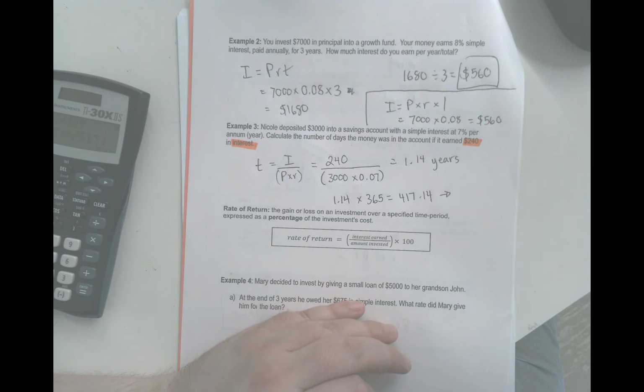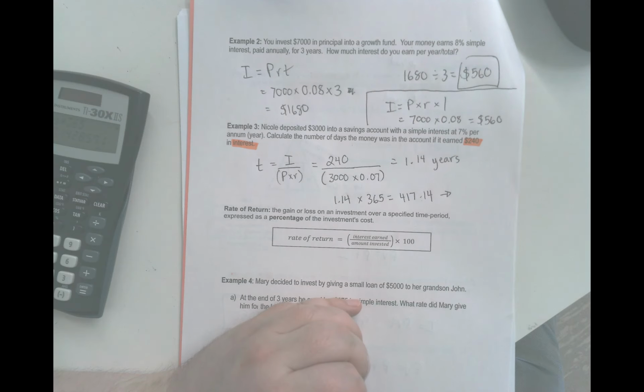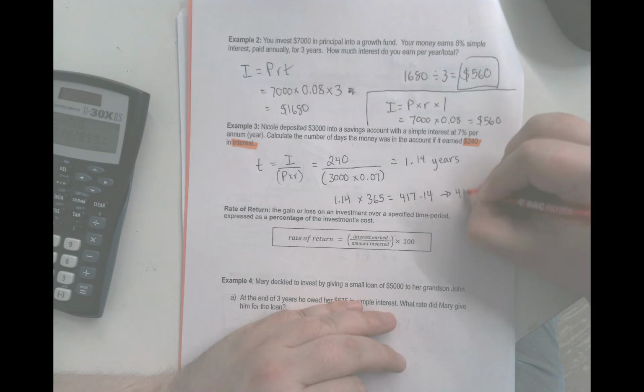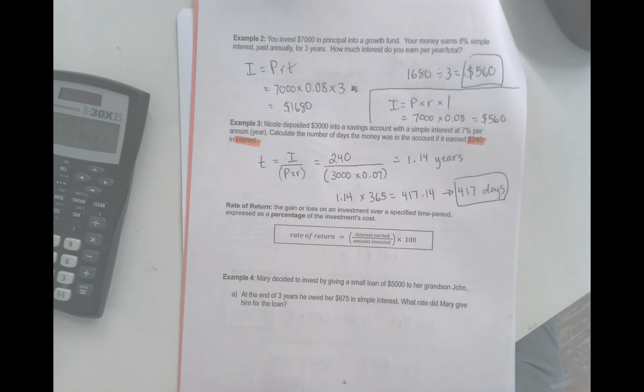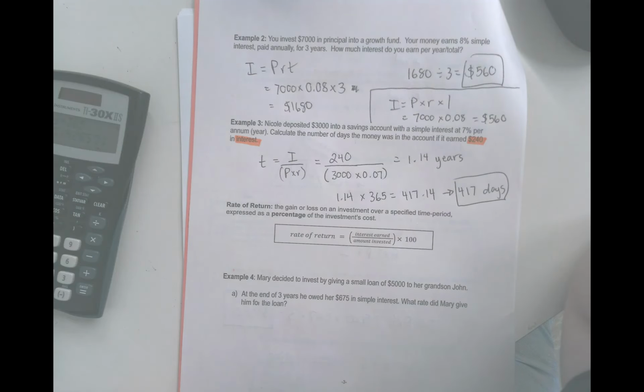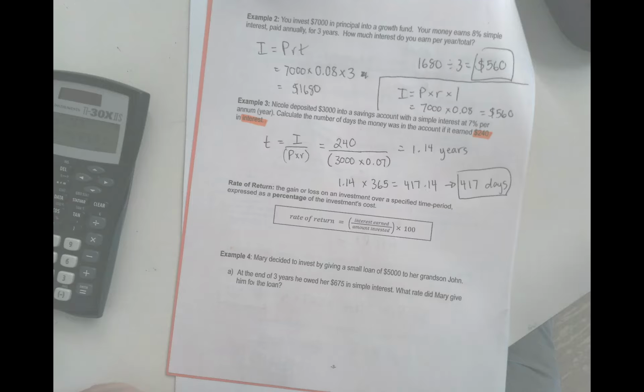It's calculated day by day or year by year. So let's just round it off to 417 days.